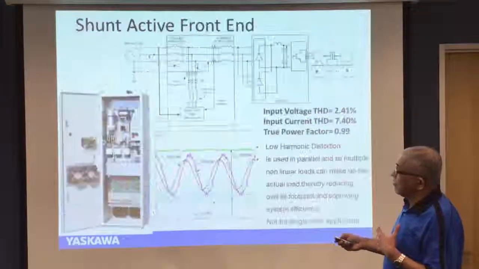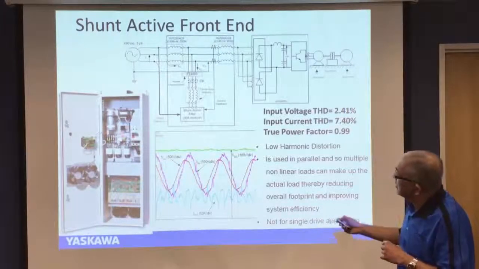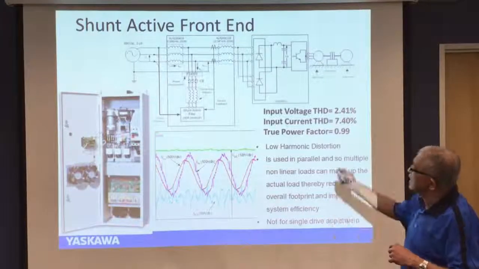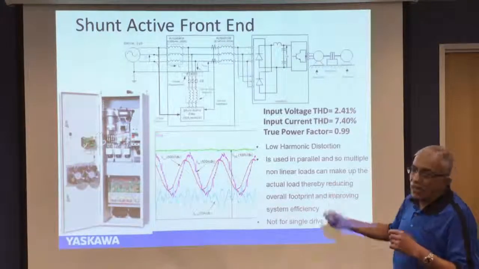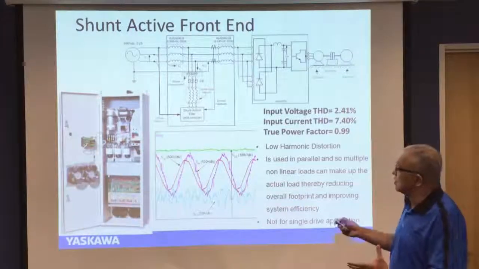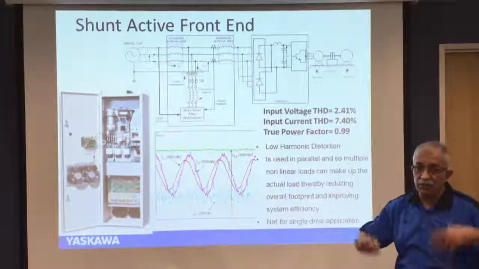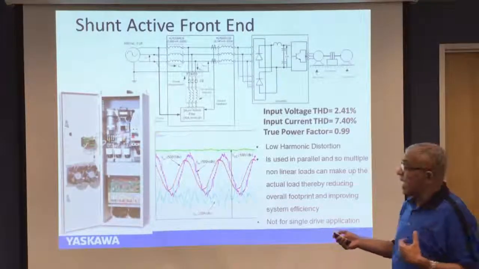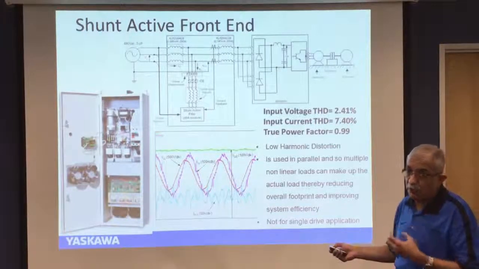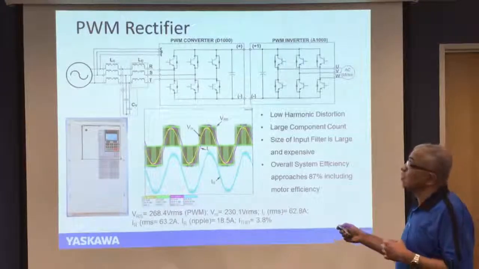That is the topic of the next scheme here, wherein we move the active filter in shunt, and there could be not one drive but multiple drives on this scheme, resulting in a much more cost-effective manner of utilizing resources to still improve the system efficiency and performance from a system point of view. And personally speaking, this is much better from a systems point of view or from a carbon footprint point of view than this scheme, which is a one-to-one scheme.